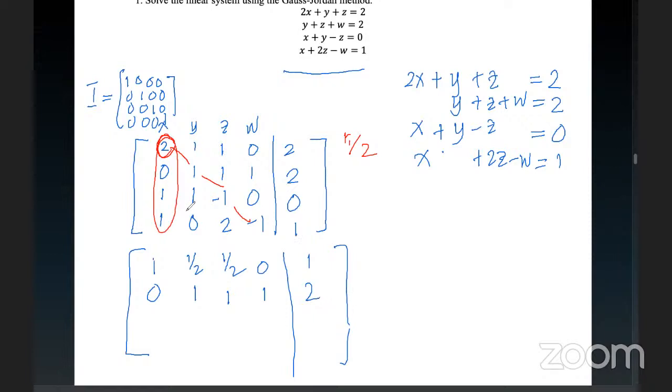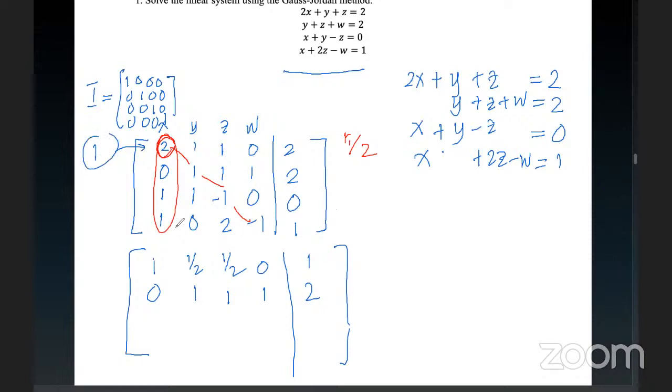Okay, and then in row 3, dapat 0 itong element na to. So, we are going to utilize itong yung row 1 natin as our reference. And then also, since we divide each element in row 1 by 2, so this will become 1 na. Kaya yung magiging pivot natin.